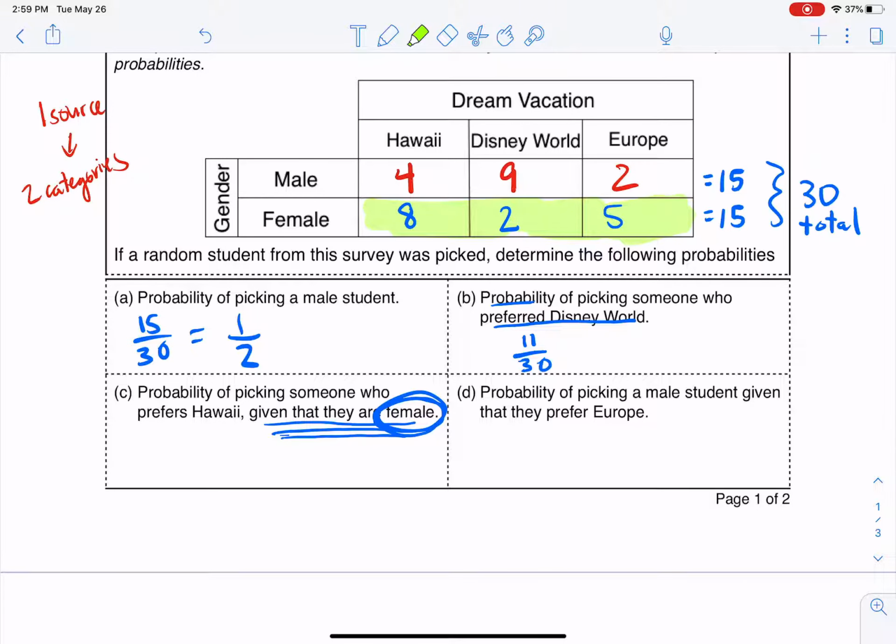I've highlighted that portion. Now, out of that portion, the probability of that person preferring Hawaii would be 8 who preferred Hawaii out of the 15 females. So I'll just write that here, that it's not 30 as our total anymore because we're talking about females.